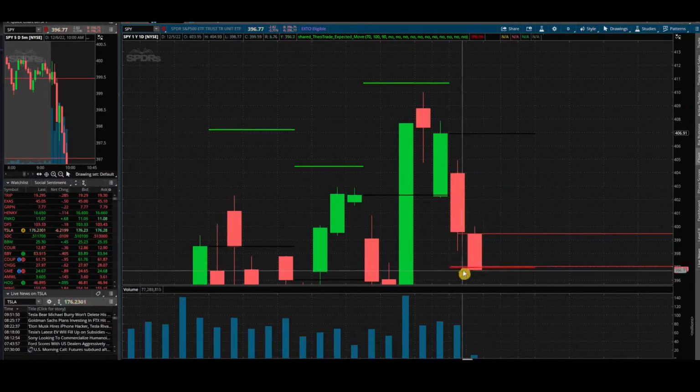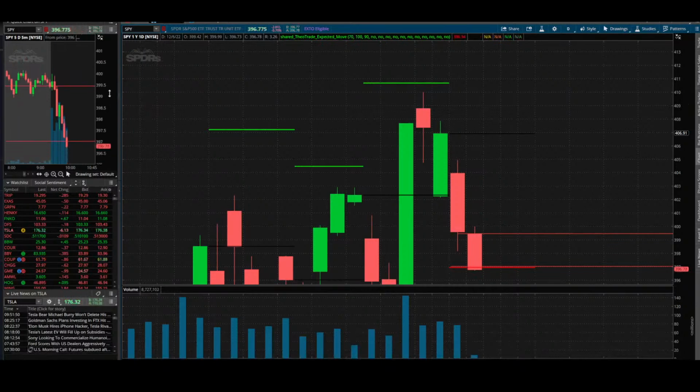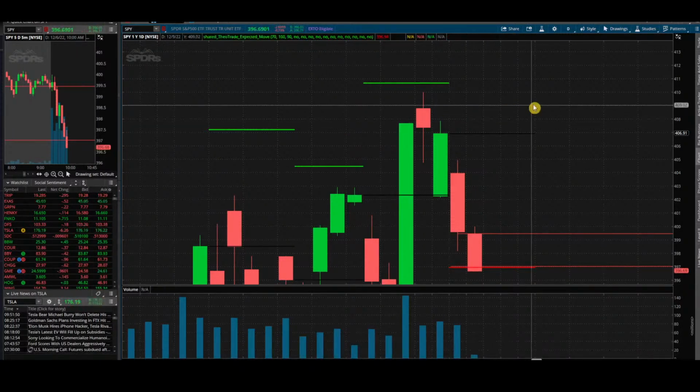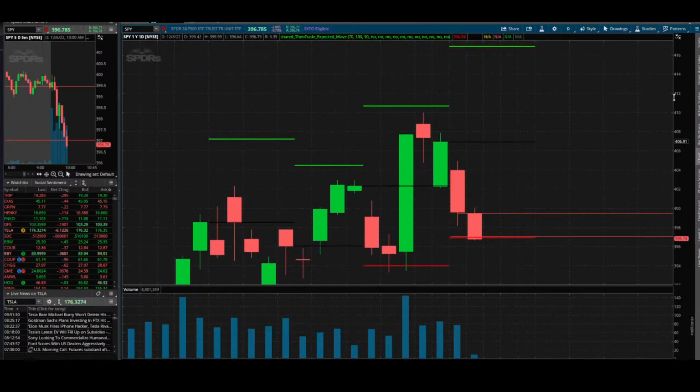So we'll see. That's as low as we wanted to see it get right there. But we're not seeing any buyers step up. Instead, what we're seeing is stops getting triggered. I would not buy it there.